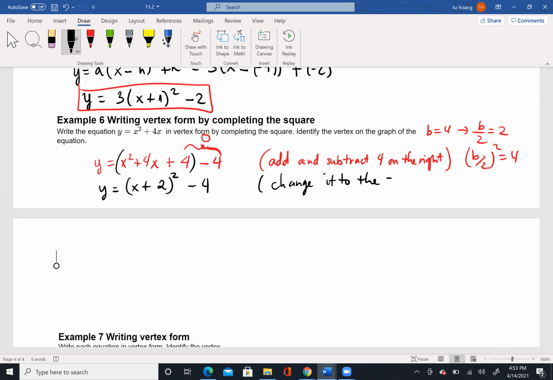To the change to the perfect square trinomial.